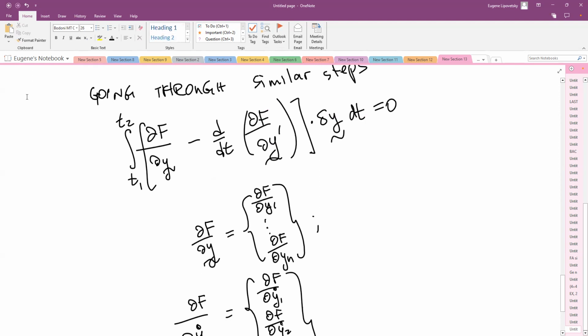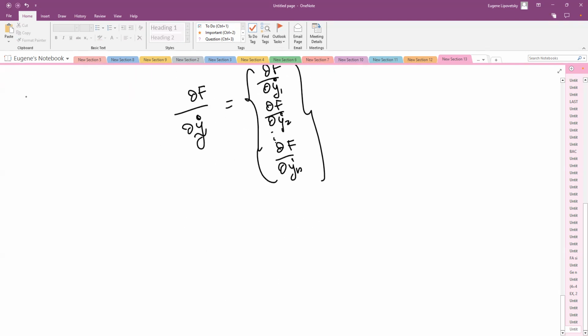If you call this thing here a column vector tau, then the integral of tau dot delta y dt from t1 to t2 is 0.